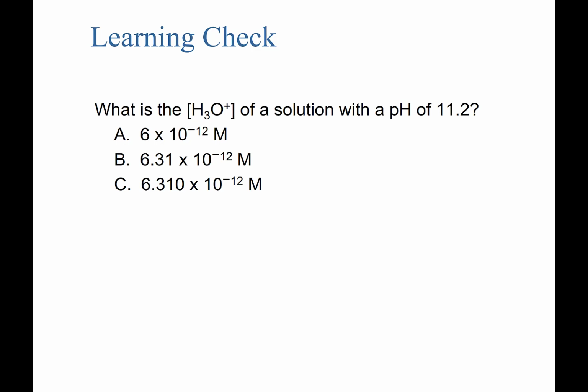Okay, this one wants me to find the H3O plus if my pH is 11.2. So to find my H3O plus, I'm going to do 10 to the negative 11.2.